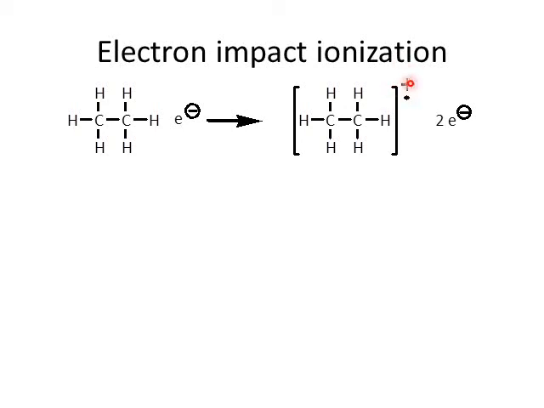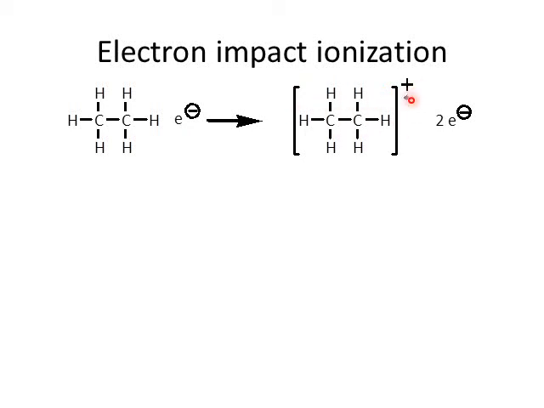It's positively charged because if this electron knocks one of these electrons out, now we've got one fewer electrons, so we'll have a positively charged species. And it's a radical because somewhere there's an odd number of electrons, because we started with a total, in this case, of 2, 4, 6, 8, 10, 12, 14 valence electrons, and here we would have only 13 valence electrons.